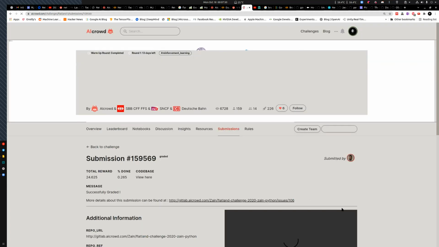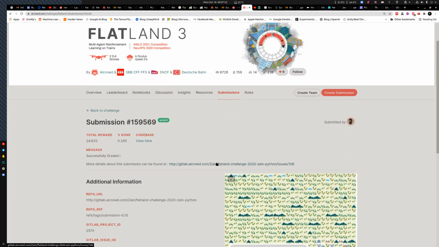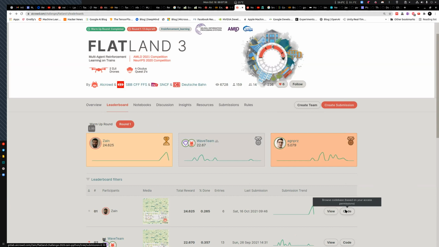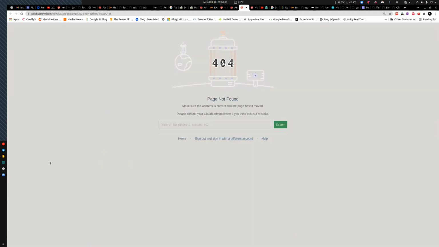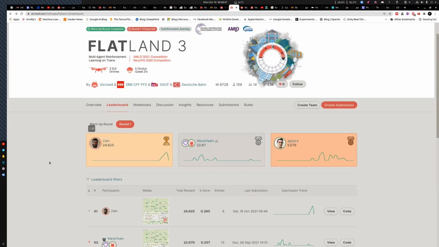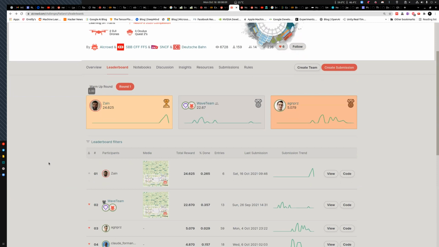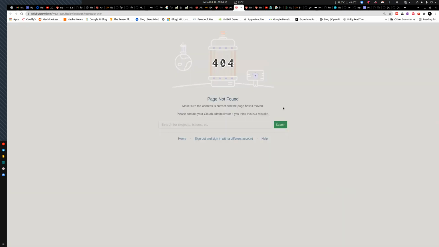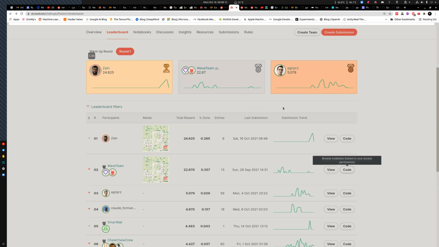stats and the code of the particular agent that had reached. They will be available based on your access permissions.